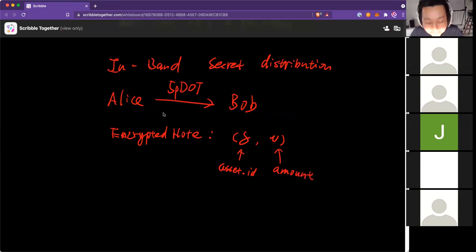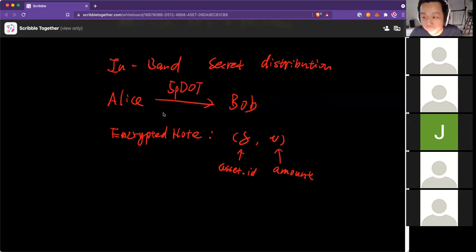In this way, let's say you are Bob, you keep monitoring the transactions on the blockchain and try to use your secret key to decrypt. If the ciphertext is not designated to you, your decryption will keep failing. Once in a while, you can successfully decrypt.